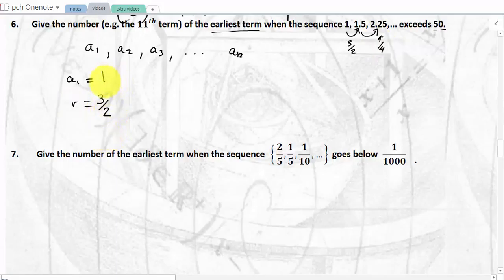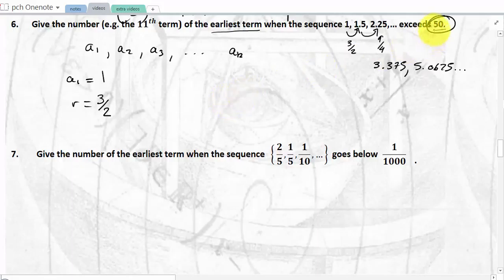The sequence is going to increase: 1, 1.5, 2.25. If you were to continue, you would find with a calculator 3.375, and then 5.0625, etc. The terms are getting bigger. I want to know the first term that will exceed 50.